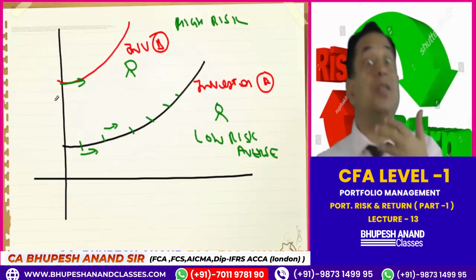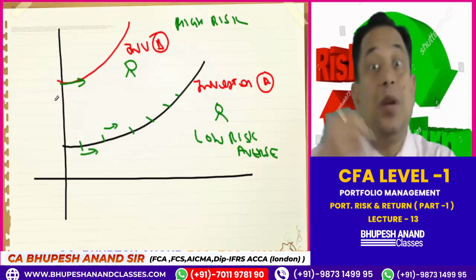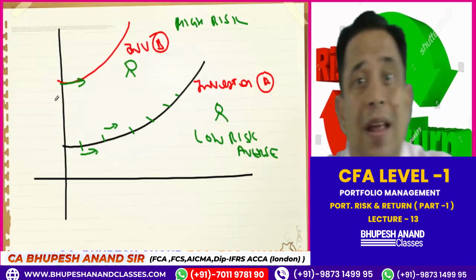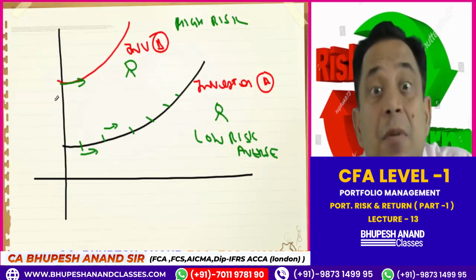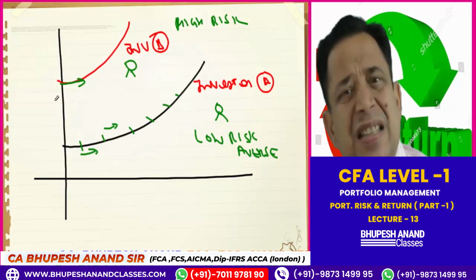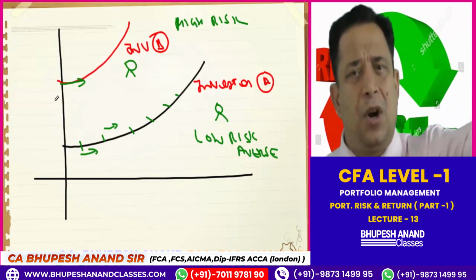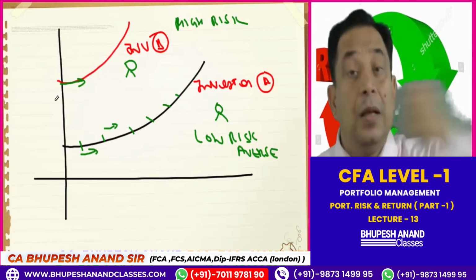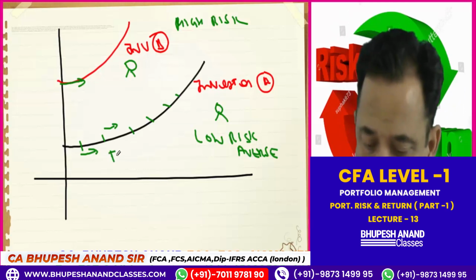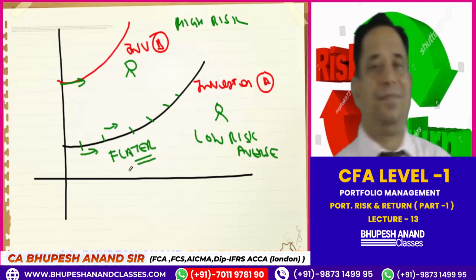Now it depends from person to person. It depends upon his preferences, his utility curve, his risk score, and the questionnaire which he will be filling up. It depends upon so many factors whether he is less risk averse or highly risk averse. That is not a big issue. The point is, if a person is less risk averse, the indifference curve will be flatter.